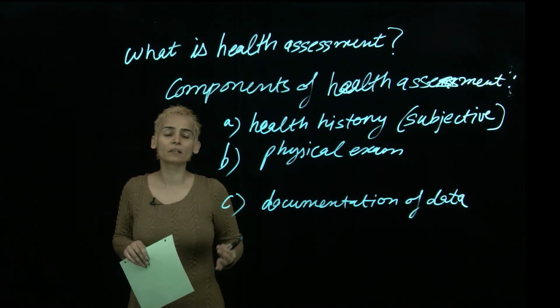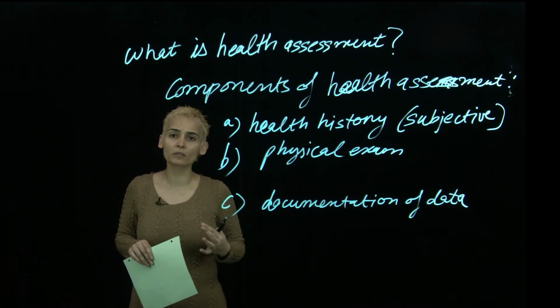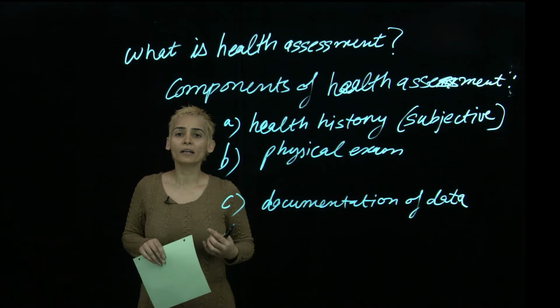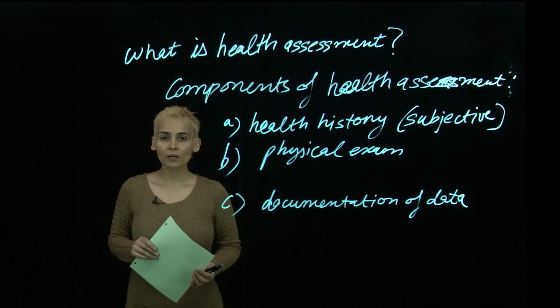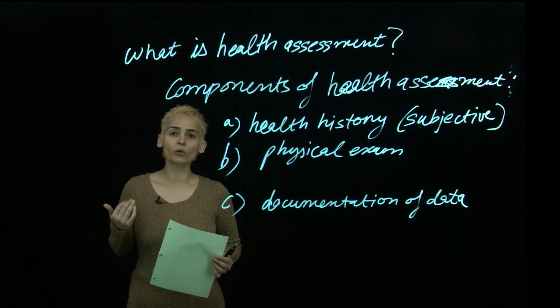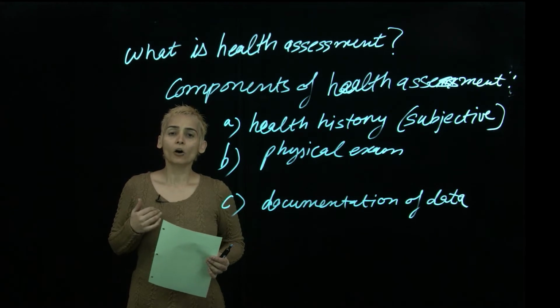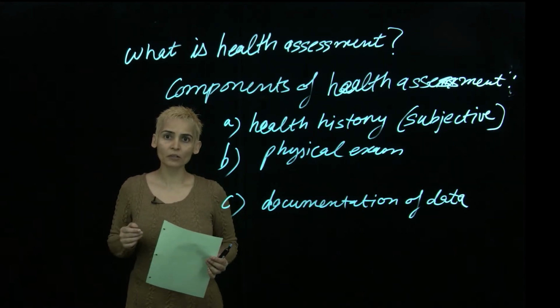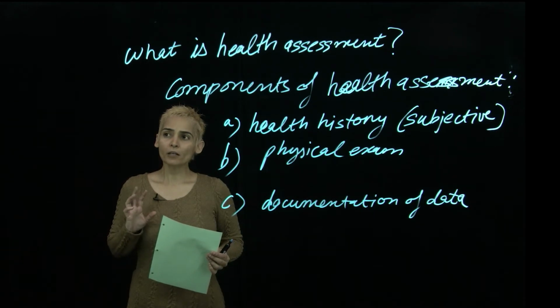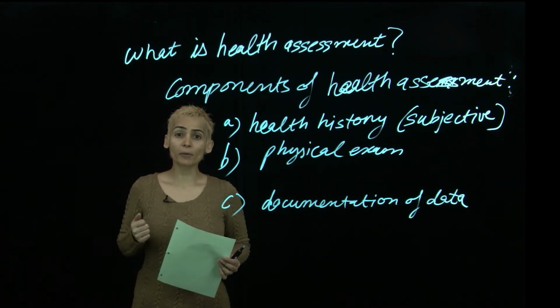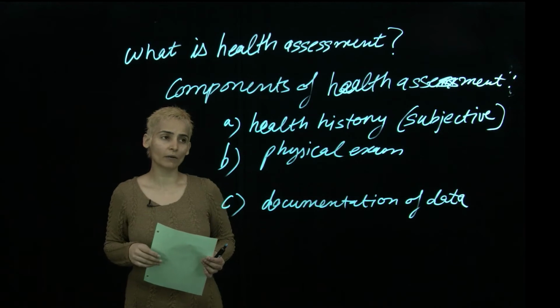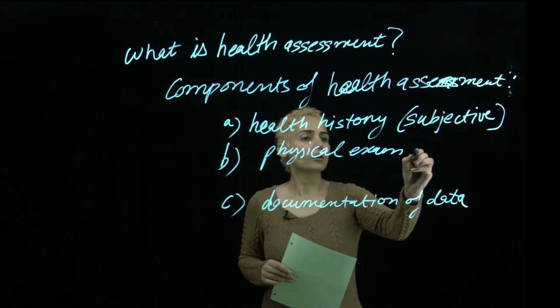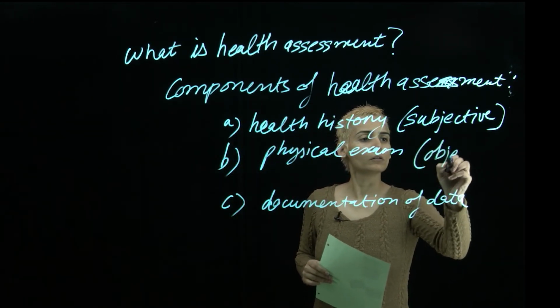So that will be your physical examination part, where you will be using different tools and your expertise to collect that data. And in this course, we will be going over inspection, auscultation, and also palpation. Palpation comes before auscultation. Your book talks about percussion too, but we don't get into that one. And that's objective data.